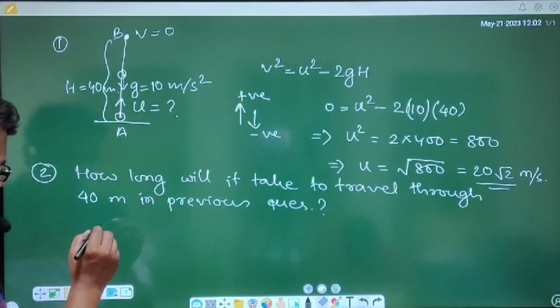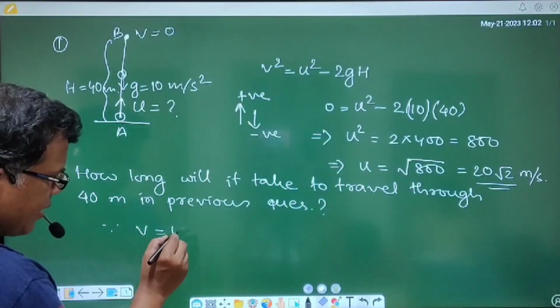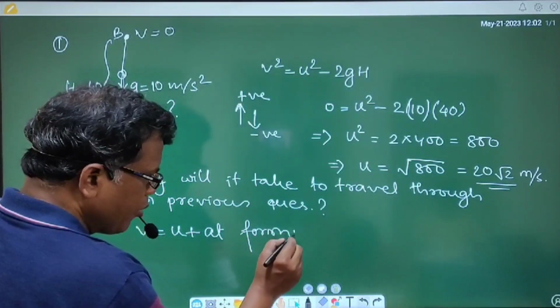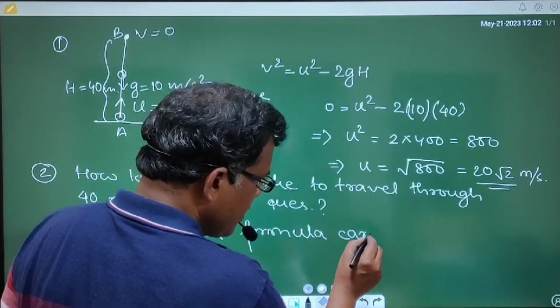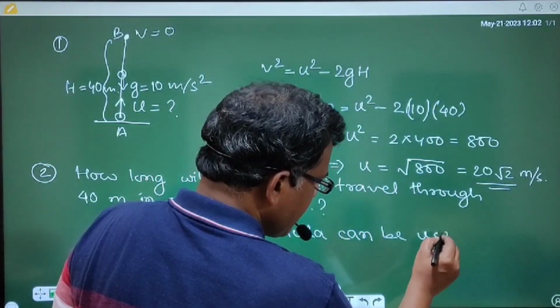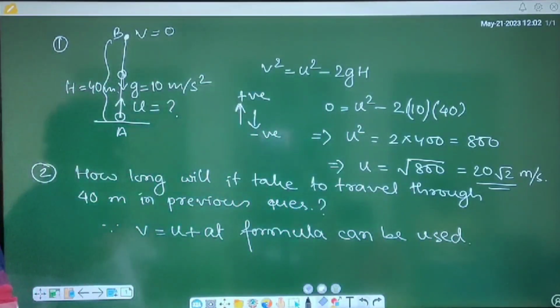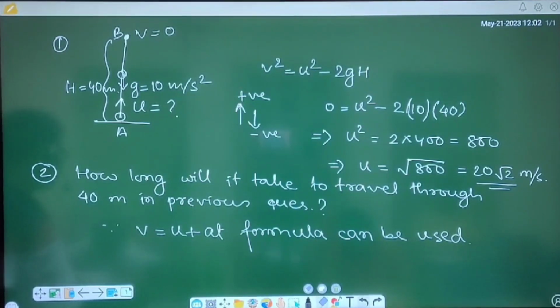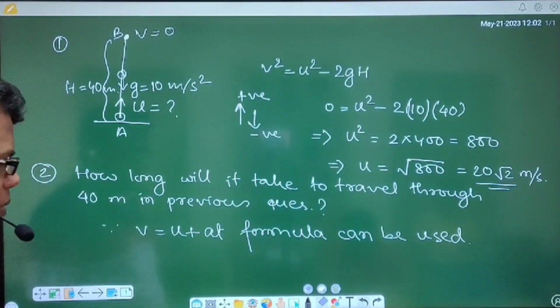So we know one formula, v is equal to u plus at, which can be used because this is the formula that relates the starting velocity of a journey, finishing velocity, time of the journey and acceleration. We need to know the time of the journey, right? And we have the known values of u and v and g as well. Instead of a, I will use g because this time the motion is taking place under acceleration g.